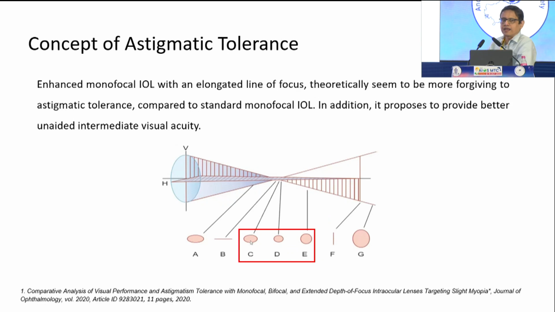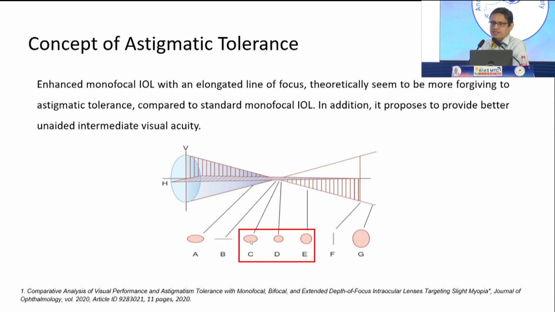So this again brings us to our old textbook knowledge of Sturm's conoid and how astigmatism affects vision. If you have a monofocal lens, you will need a pinpoint focus at a particular plane to achieve 20/20 vision. But how the EDOF lenses work is that this plane is actually enlarged in both directions, and that is why you achieve a slightly extended range of vision with these lenses.